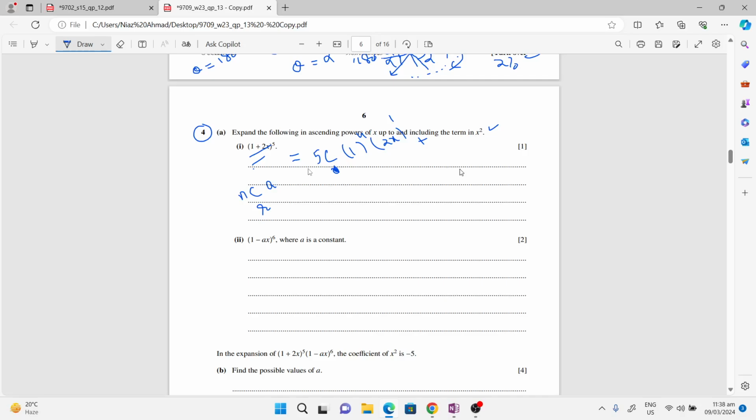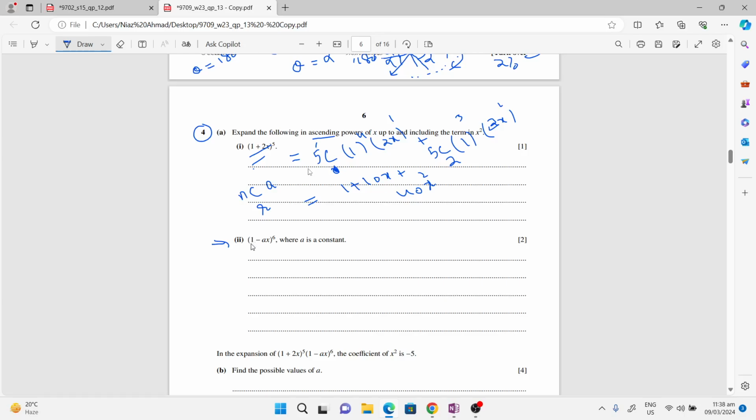The second one will be 5c2 times 1 to the power 3, and the next is 2x to the power 2. The final expression, using your calculator, will be 1 plus 10x plus 40x squared, because ascending power means from the lower power to the maximum.